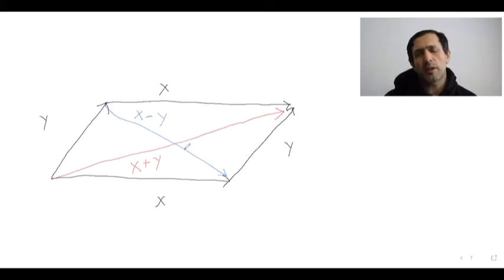So for the inner product space R2 with the usual inner product, the parallelogram law is just this basic fact about parallelograms in the plane: if I take a parallelogram like this, the sum of the squared lengths of the diagonals is equal to 2 times the sum of the squared lengths of the sides. One side has the length of x, the other side has the length of y.